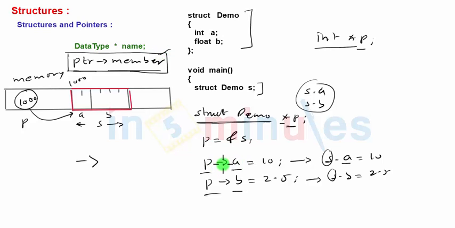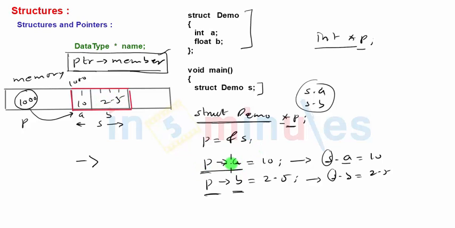So in this case p arrow a will store the value 10, so there will be 10 stored in the structure referred by p. In the same way p arrow b equal to 2.5 is read as store 2.5 in the b variable referred by p, so there will be 2.5 stored into b.